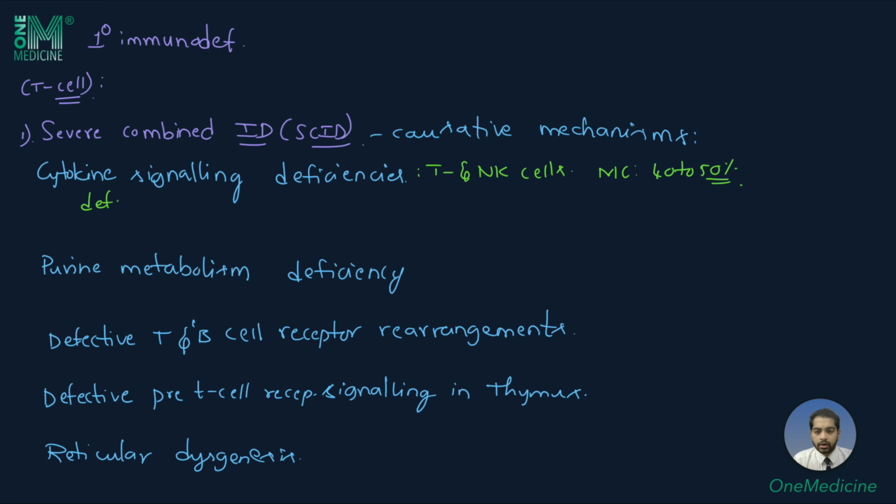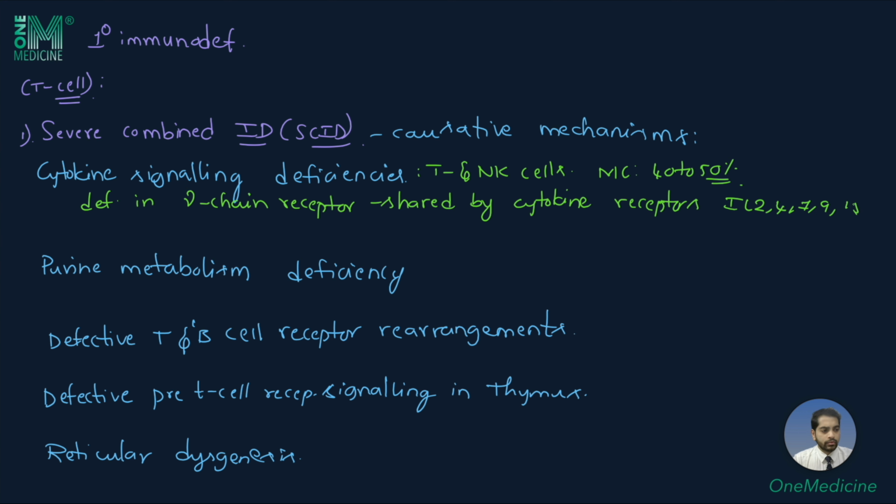These patients have deficiencies in gamma chain receptor that is shared by several cytokine receptors: interleukin 2, 4, 7, 9, 15, 21, etc. This is seen in patients with X-linked severe combined immunodeficiency as well. And in patients with autosomal recessive form, there can be a mutation in JAK3 gene, which can lead to a similar pathophysiologic mechanism of cytokine signaling deficiency.